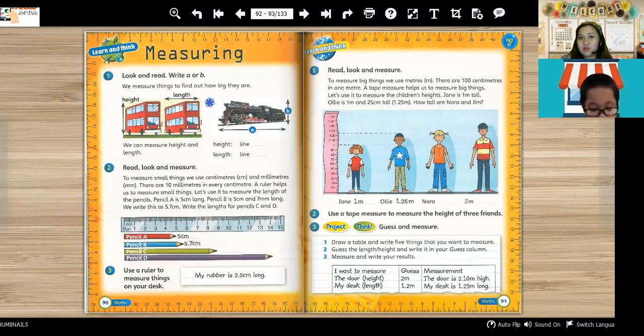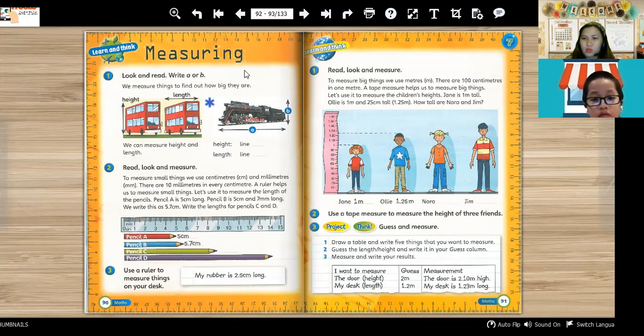Okay, so that's it for the ruler. Again, we use a ruler to measure small things only. So how about long things? Can we use a ruler for that? Yes. Hmm? Are you sure?